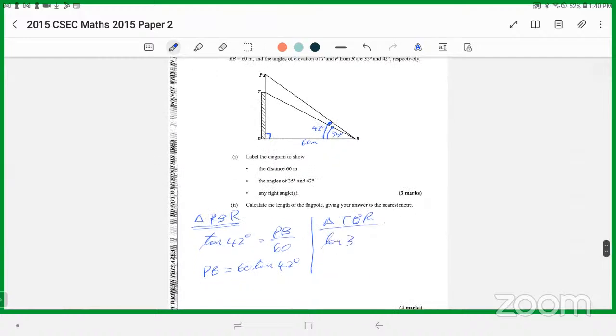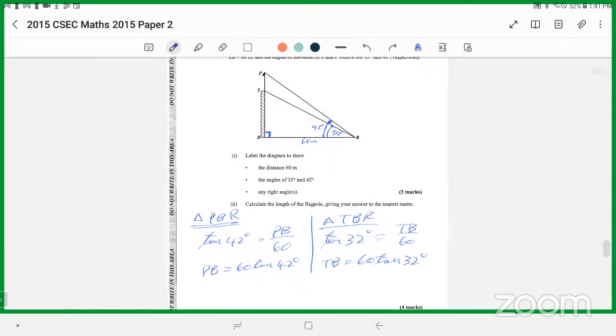This time it is tan of 35 degrees, equal to the opposite side now, which is just TB, over 60. So multiplying by 60, TB equals 60 times the tan of 35 degrees. So the length of the flagpole is the difference between these two distances: the overall height minus the height there. So that's the flagpole length.